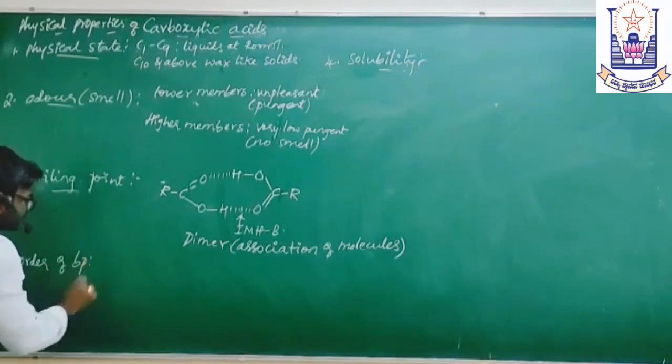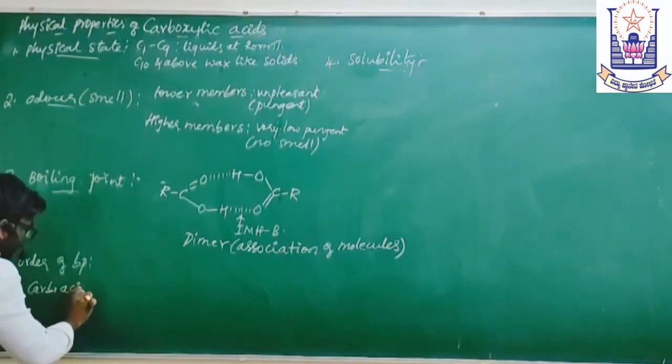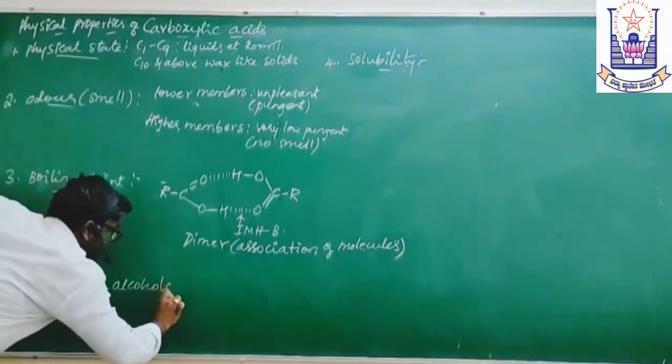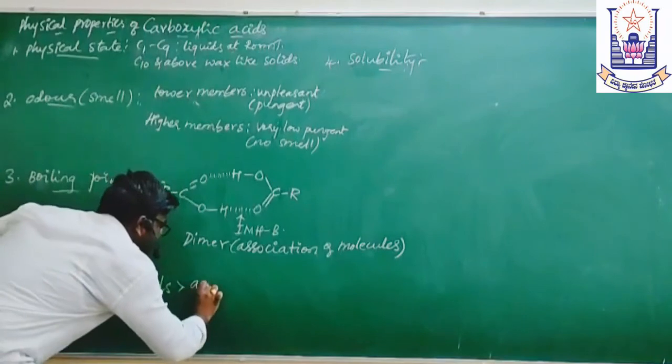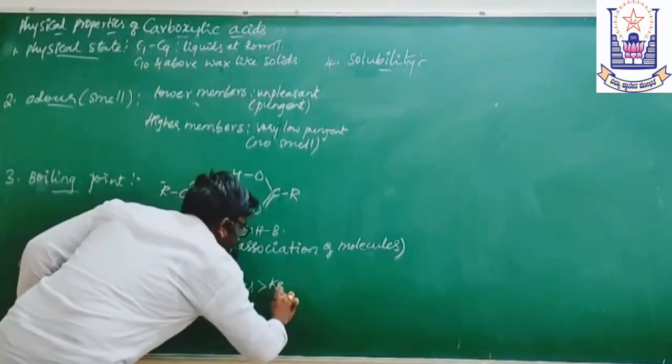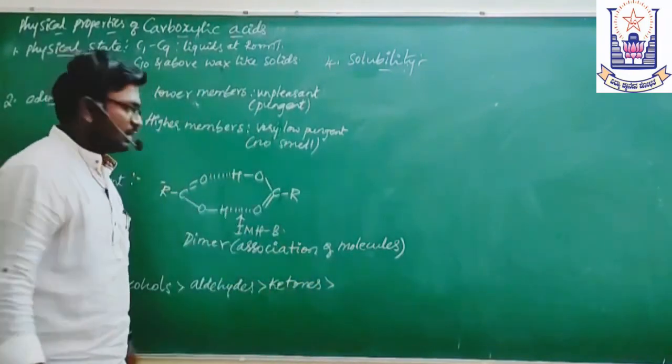Order of BP is like this: carboxylic acids. Okay. After this, alcohols. After this, aldehydes. Then ketones. Then corresponding ethers.